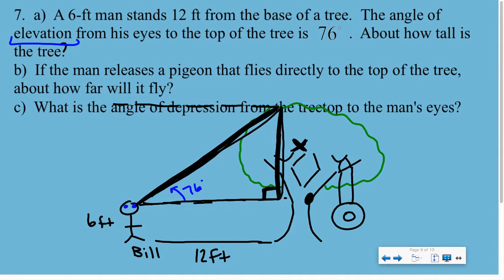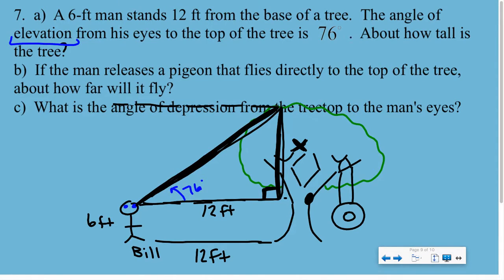I need something else on my triangle. I don't have enough information yet. One side and one angle isn't going to do anything. Which leg? Good. The distance Bill is from the tree doesn't change much when I measure it from his eyes to the tree. So we can bring this 12 feet and relay it up there.